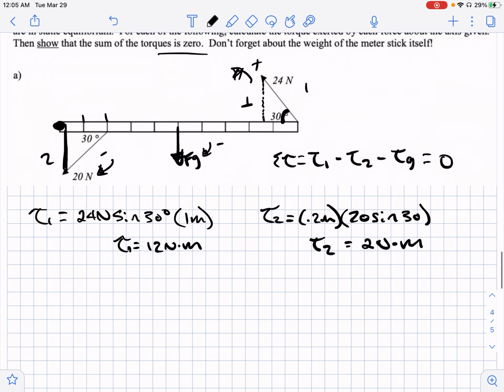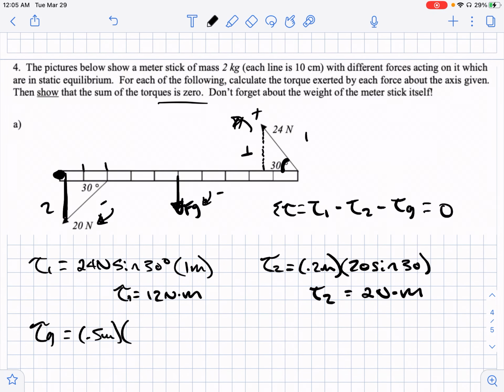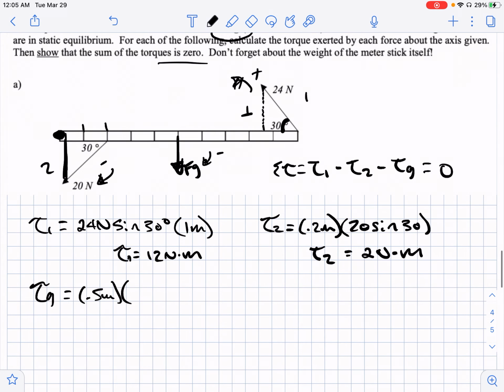And then lastly, we've got to find the torque caused from the weight of this meter stick. Now my moment arm is going to be 0.5 meters because it's at the center of mass, times the weight of this object. It's 2 kilograms, which means the weight is 20 newtons.